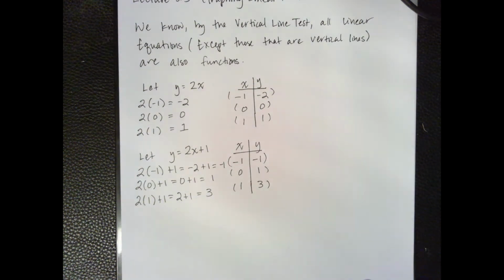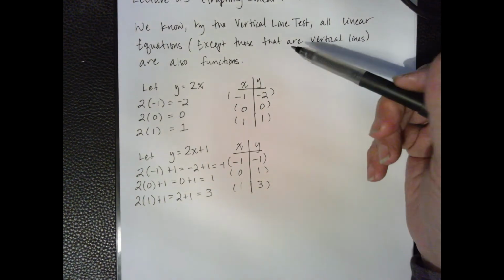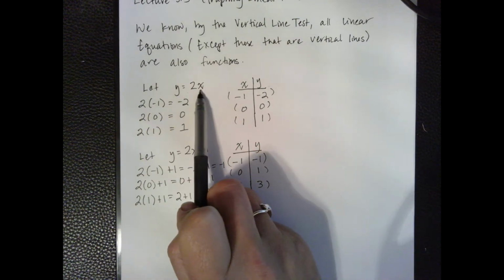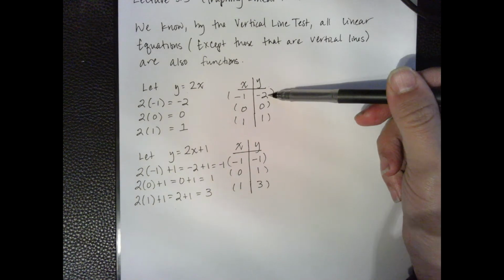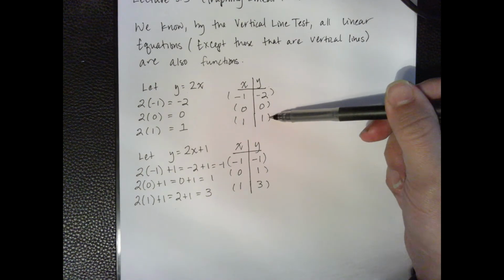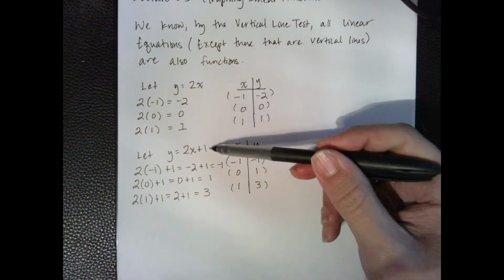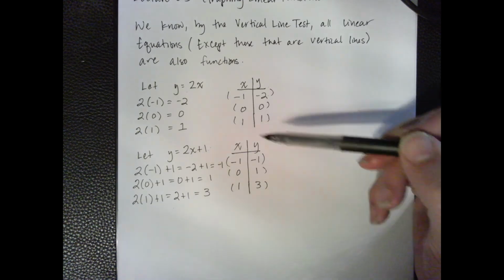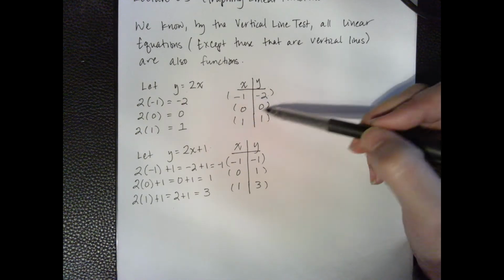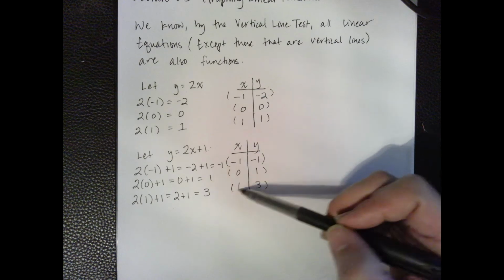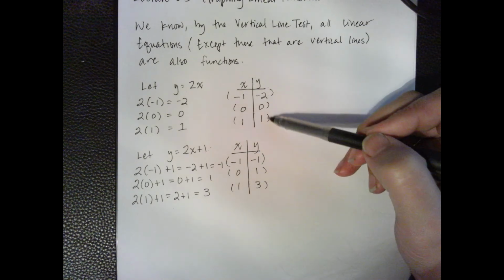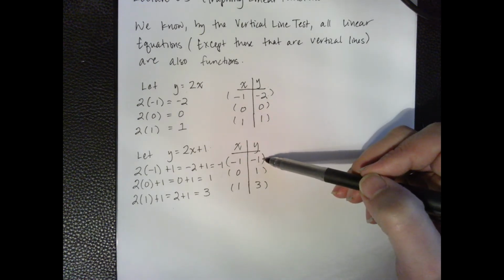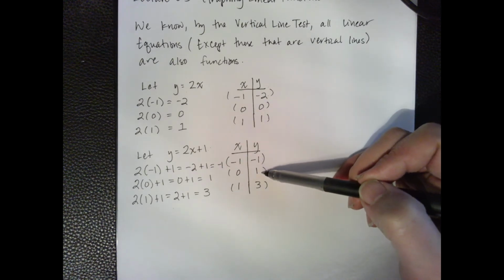Okay. So let's look at the ordered pairs that we came up with. Here, for 2x, I came up with the y values -2, 0, 2. Now, the only thing different in this equation is that I have plus 1. So to find these points, all I really need to do to my y values is add 1. -2 plus 1 would be -1. 0 plus 1 would be 1.